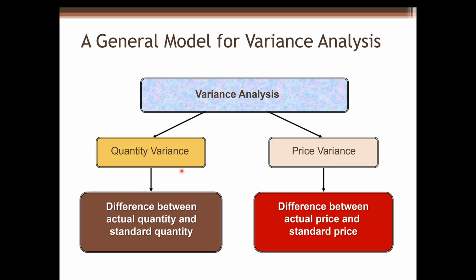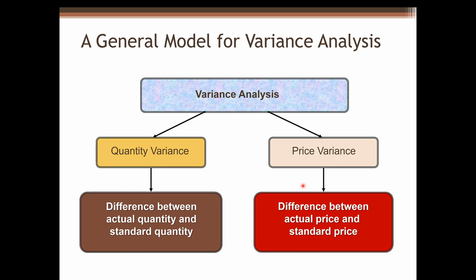Quantity variance is the difference between actual quantity and standard quantity. Specifically, a quantity variance is the difference between how much of an input is actually used and how much should have been used. It's stated in dollar terms using the standard price of an input.